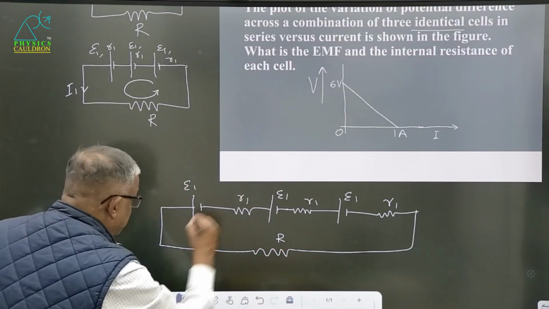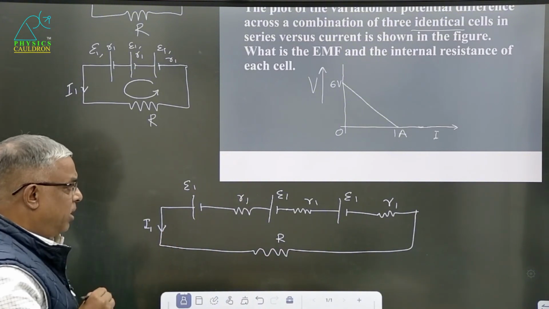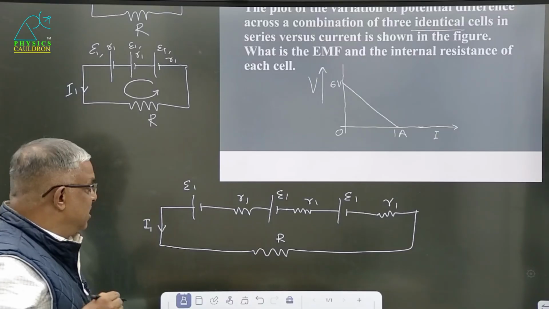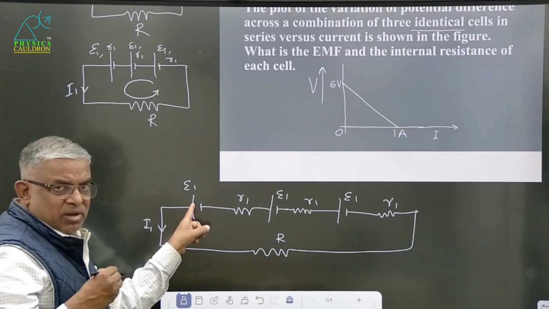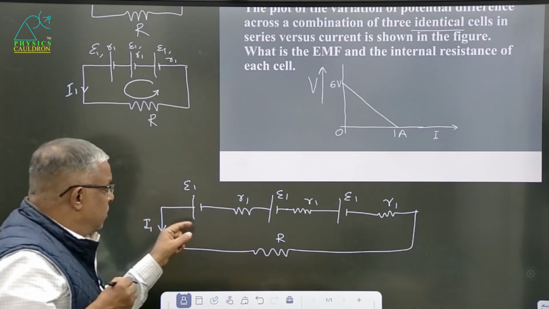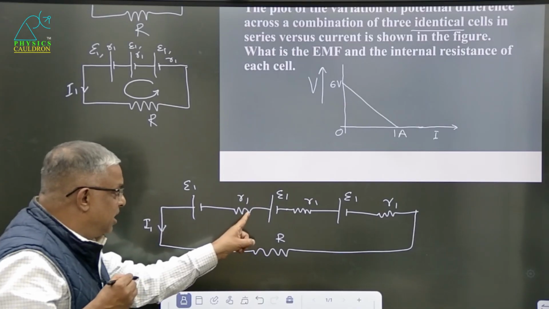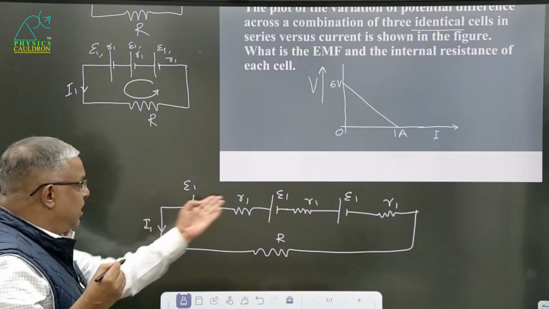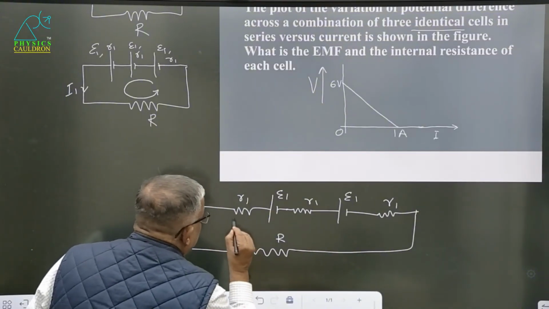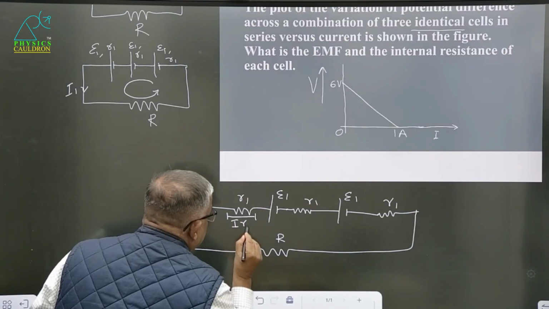Now, suppose a current is flowing, which has been shown here, current I1 is flowing. The first thing we do is write down the potential difference across this internal resistance. That is just current into resistance, so the potential difference across this would be I1 R1.